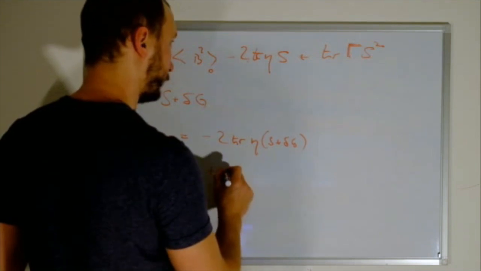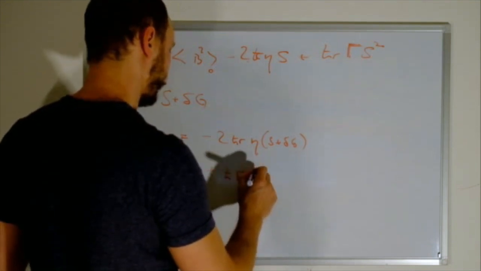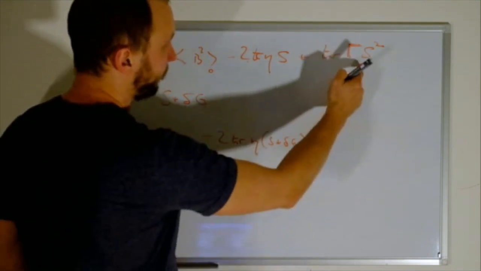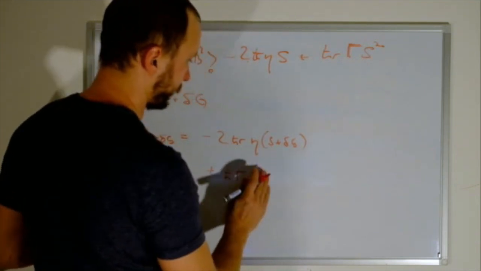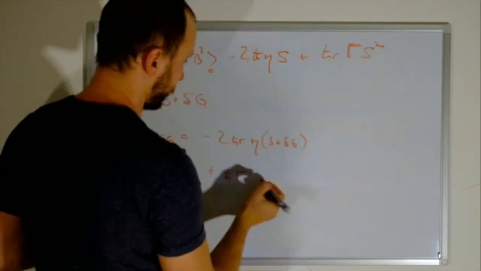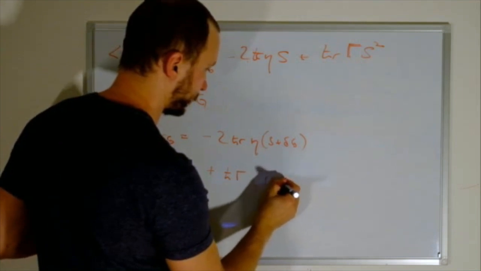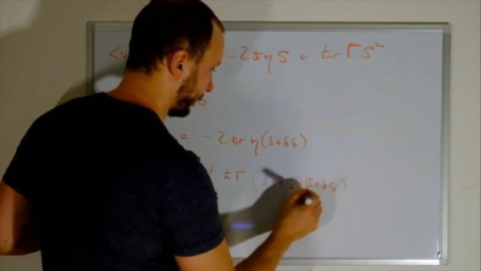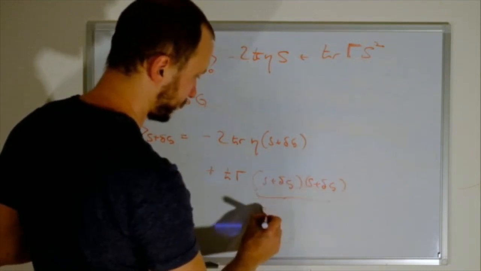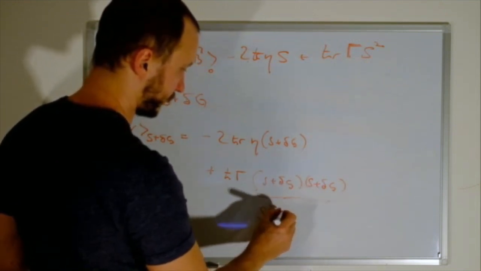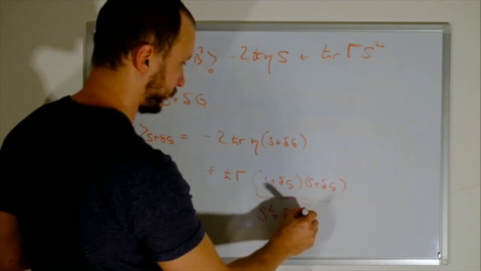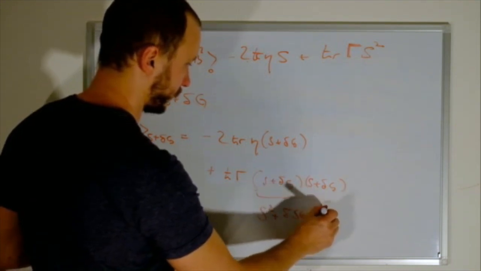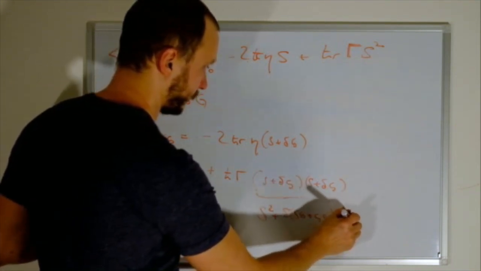We get plus trace of gamma times S plus delta G times S plus delta G. To the first order, this is S squared plus delta times SG plus GS plus delta squared something.